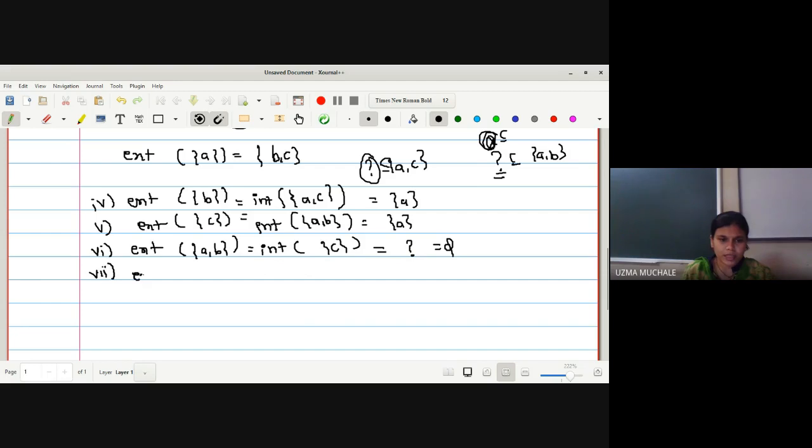Can you find out the next one? That means you have to find out the exterior of BC. Next, you have to find out the exterior of AC. Find out and tell me.